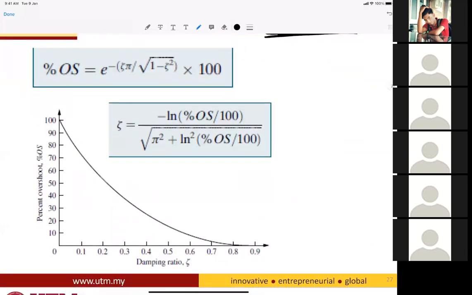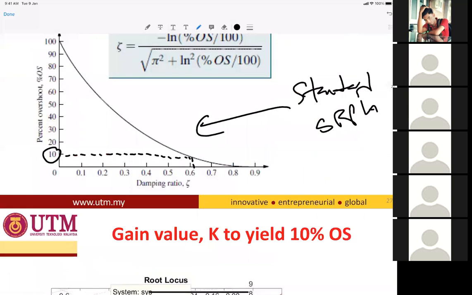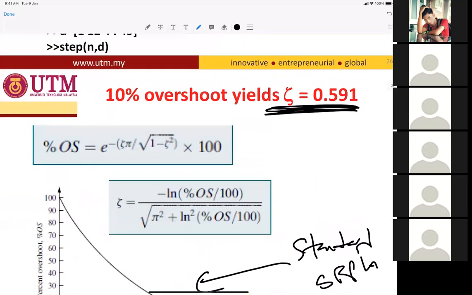So by using a standard graph, 10% is about here. So you use your ruler and go down. It will give you the value of 0.591 or more or less 0.6, the equivalent zeta value for 10% overshoot.